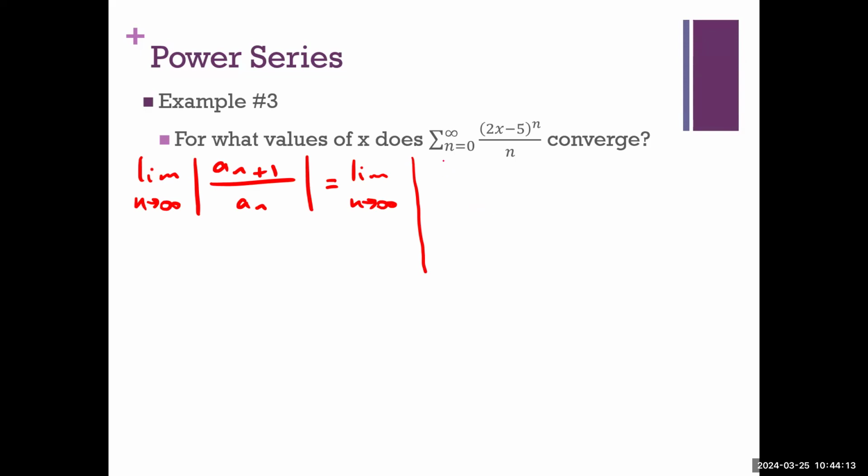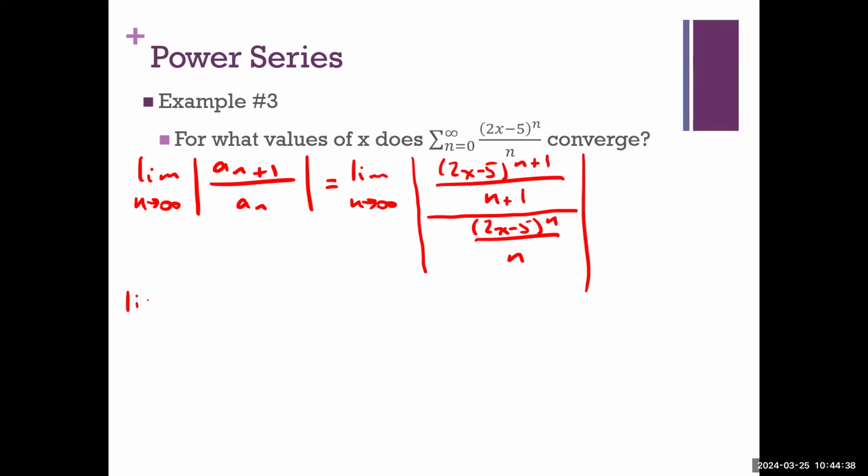2x minus 5 to the n plus 1 over n plus 1. So that's my n plus 1 term, this thing here that you just said. And I want to divide that by, yeah, basically the sequence as defined: 2x minus 5 to the n over n.